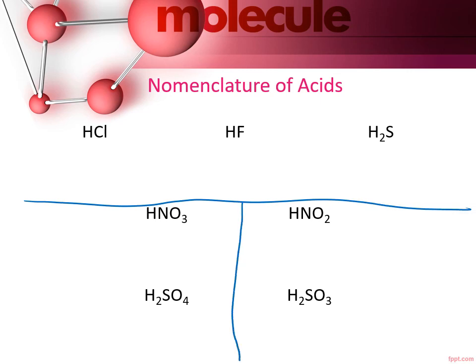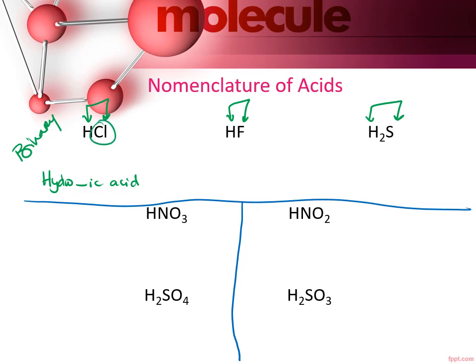All right. How do we name acids? We have 3 different kinds of acids. We have some acids that are called binary acids. They are formed between only 2 elements, hydrogen and something else. These are binary acids. The rule for binary acids is we're going to call them hydro-something-ic acid.